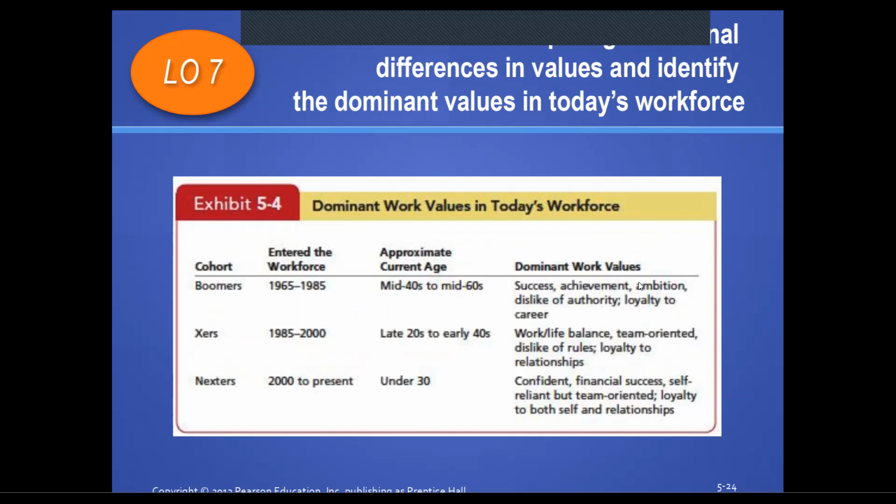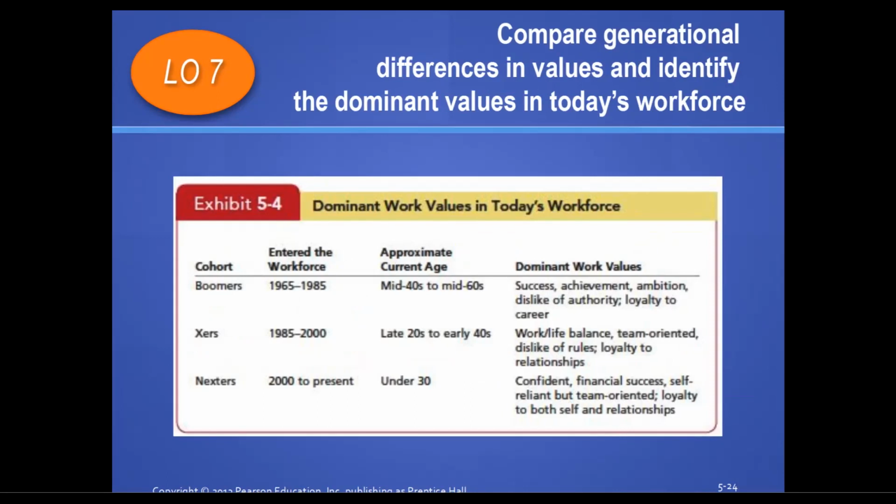And also, now we have 3-4 generations. Actually, these generational values are different, because the generational value is categorized based on which year you were born. Traditional people were born before 1965, baby boomers were born between 1965 and 1985.